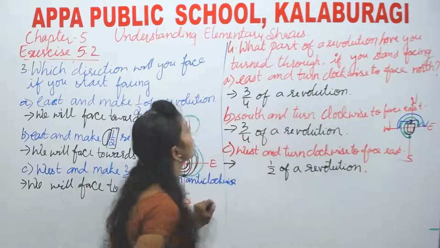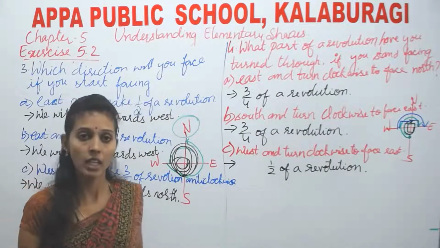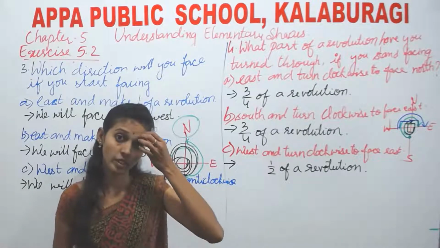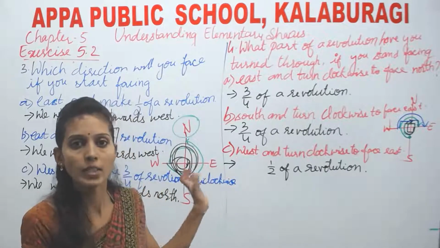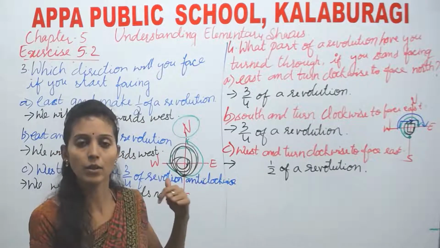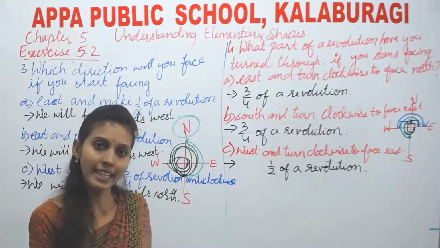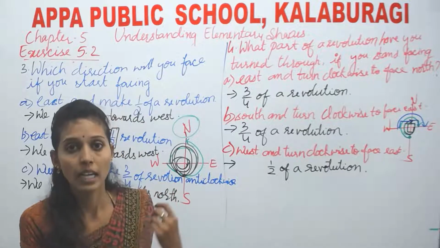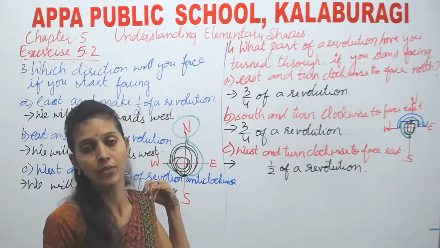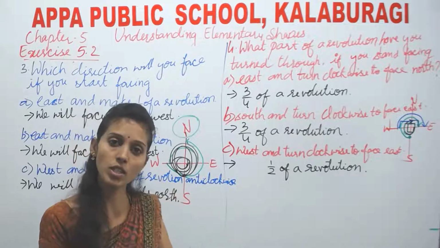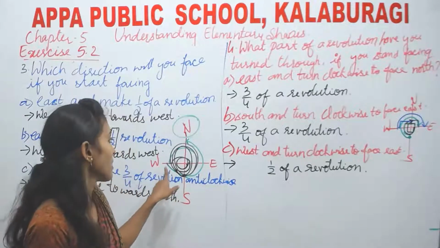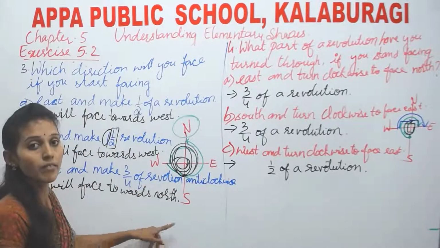Yes. So, up to the 4th bit, they gave the number of revolutions in the clock and we had to write where it turned. And then they gave part of a revolution, we had to write where it will stop. In direction, first they gave the revolution, part of revolution, and we had to write which direction we will face.